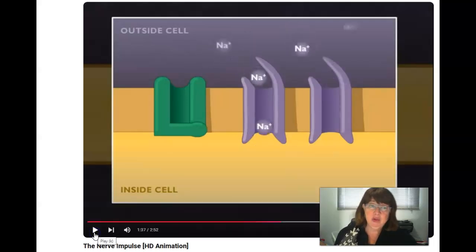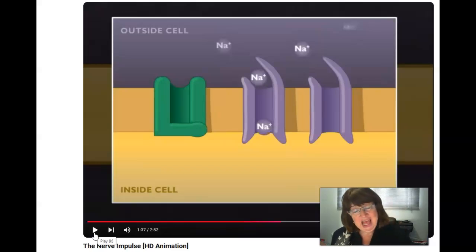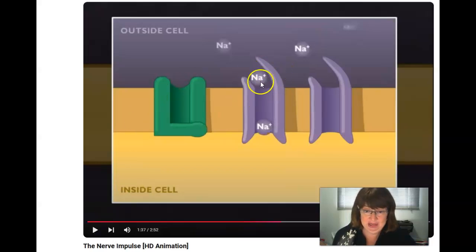Okay, so threshold is when there is enough charge difference that it opens the sodium gates. These are the sodium gates, these purple blobs. When you open the sodium gates, the sodium will now move in. It was negative inside. If you move positive into a negative space, it is no longer negative, or de- means not. So it's not negative, so it is depolarized.